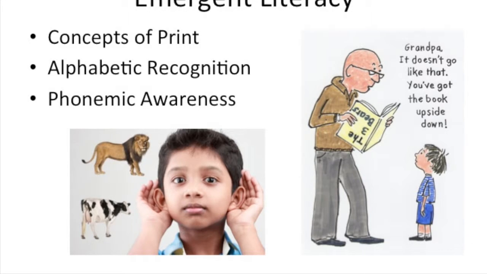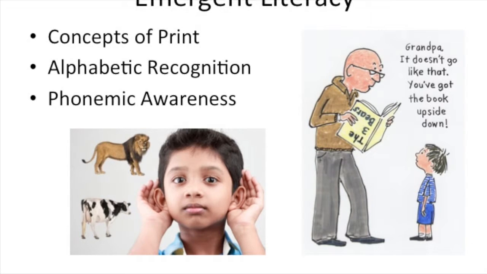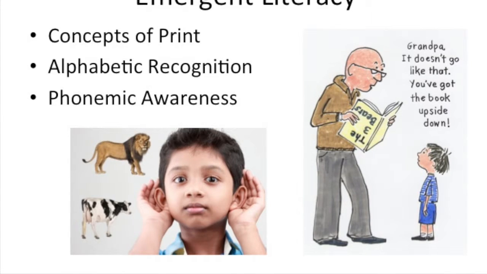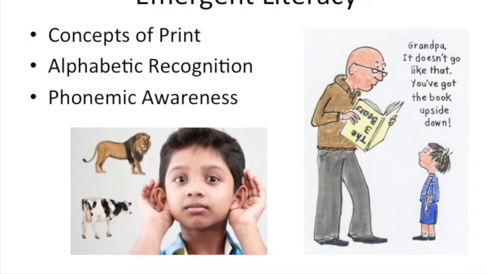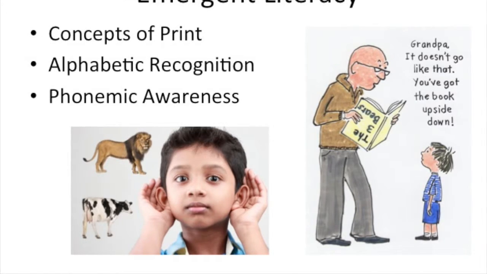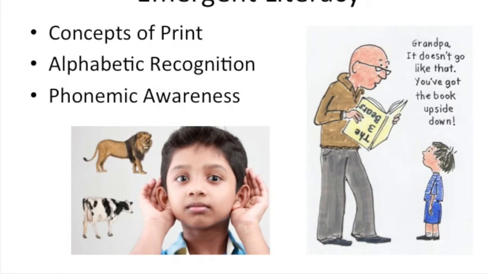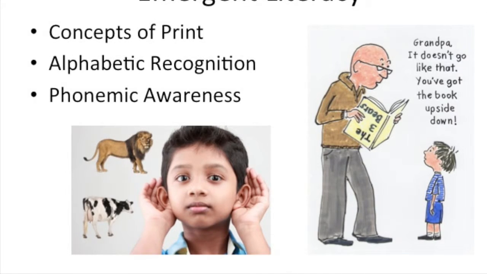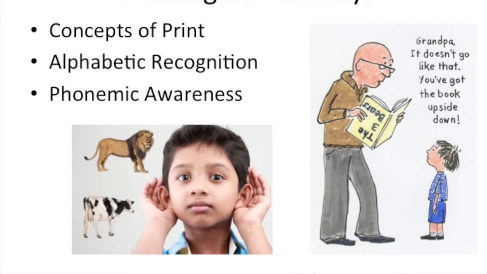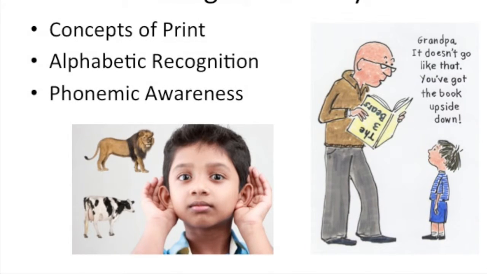Do they know how to hold a book, that it has a beginning and an end, a front and a back, an up and a down? Do they understand that reading goes from left to right? All of those are very early literacy skills that when we assess, we can get some valuable information about students' understanding of the whole concept of print and how that works.